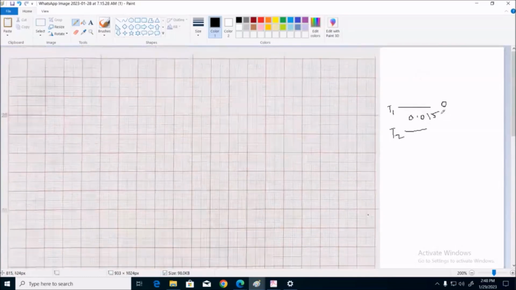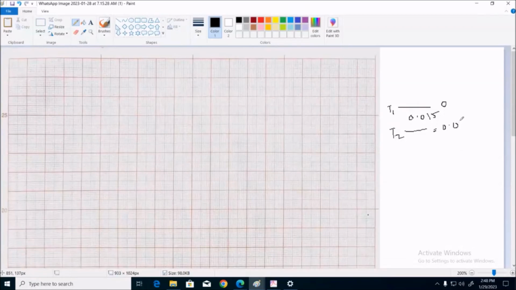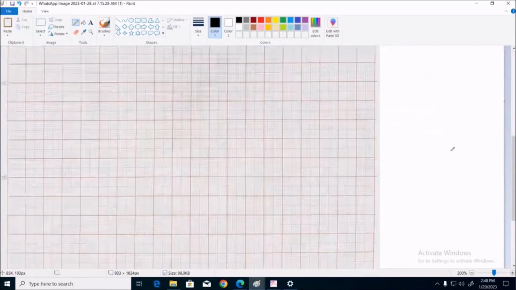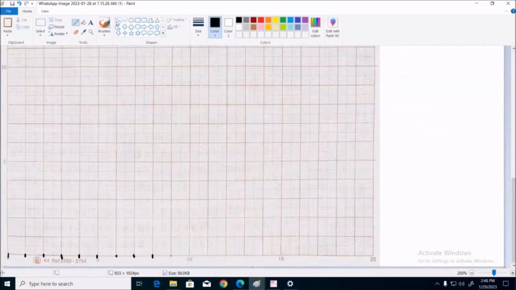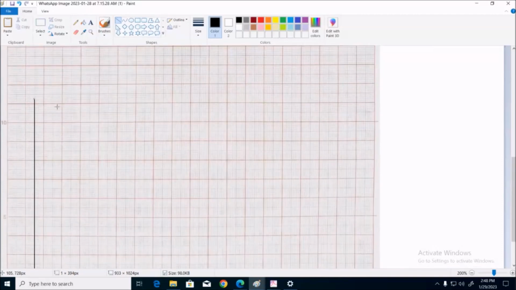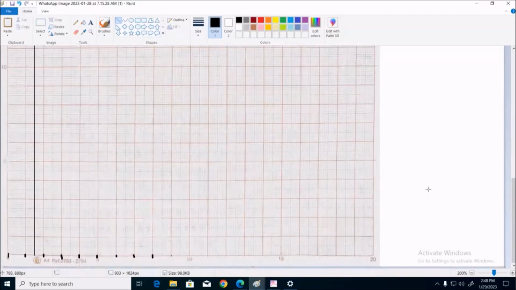So here I will mark T2, 0 plus 0.015 is equal to 0.015. I will make a line at 15, near the center. I will draw this later on. So this is T1, T2.